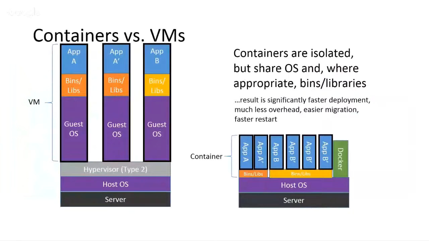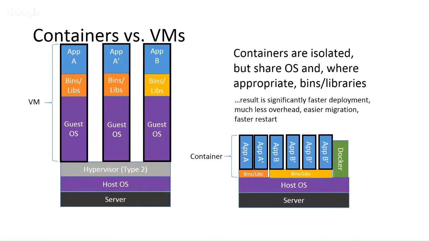Okay, let's see what is the difference between a container and a VM. When it comes to a virtual machine, we have a server. If you are using a type 2 hypervisor, we install a host OS, and on top of it, we use a hypervisor. Then you have to install the whole guest OS on top of that. Then you have to deploy the application, and the dependencies also you have to install.